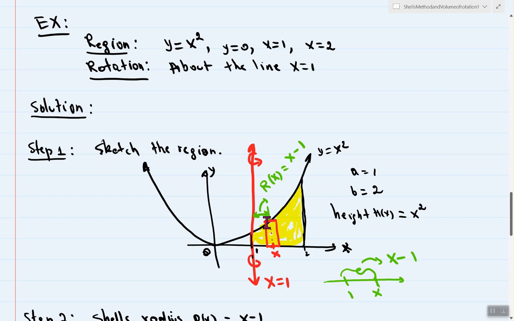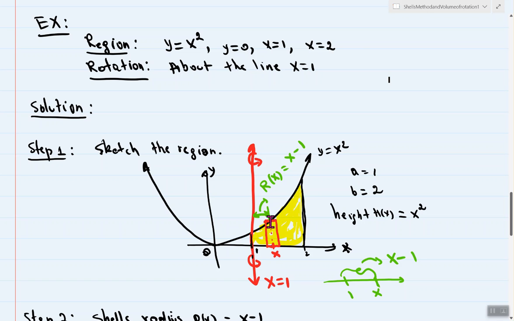This cross-sectional rectangle must be parallel to the line of rotation. Anytime you're doing the cylindrical shell method, the cross-sectional rectangle is always parallel to the line of rotation.